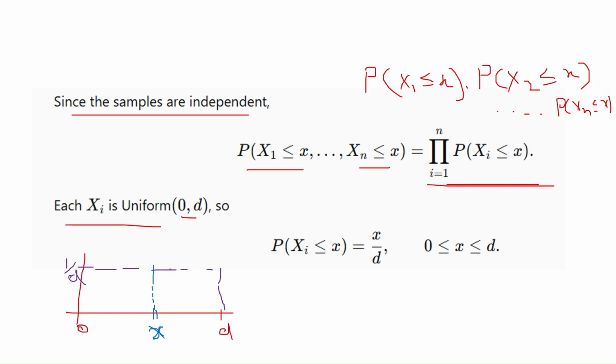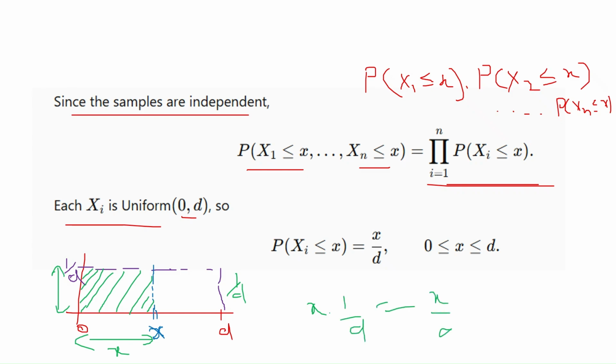So what would be the probability that xi is less than equal to x? It would be this area. And what is this area? It would be this width, which is x, times this height, which is 1 over d. So it would become x times 1 over d, which is x over d, which is what we have here.